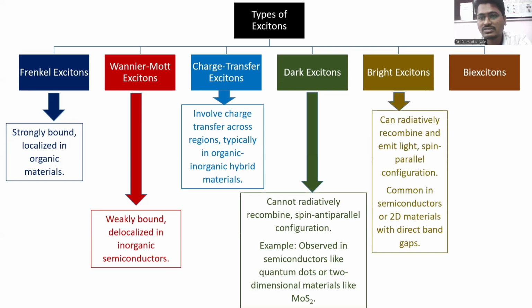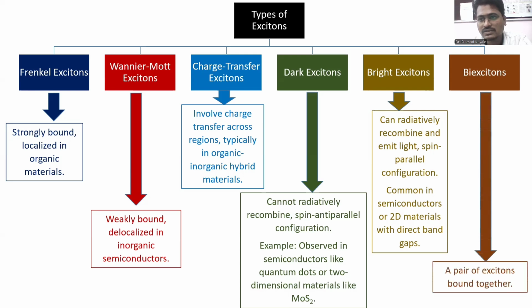While the bright excitons are the excitons which can readily recombine and show the spin parallel configuration, and they are mostly found in 2D materials having the direct band gap.